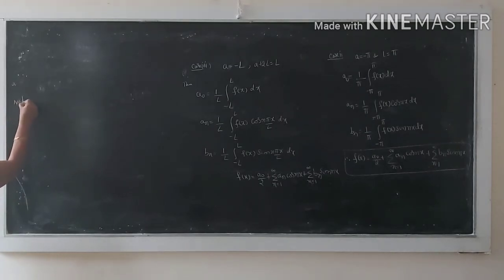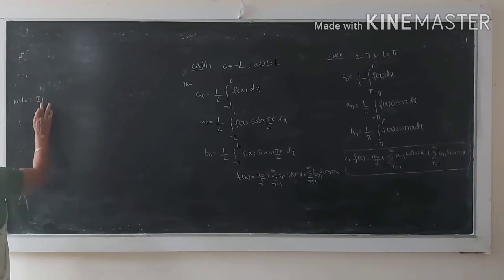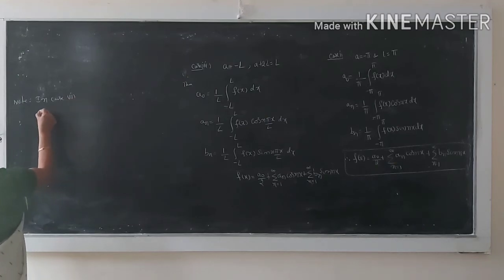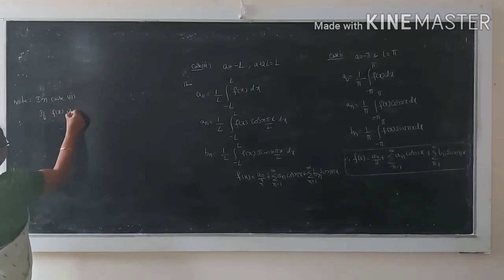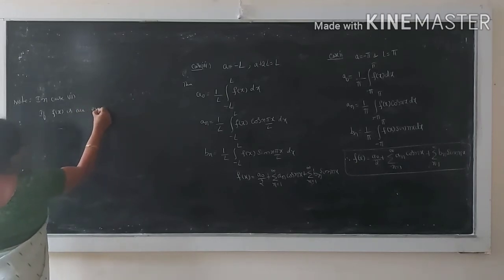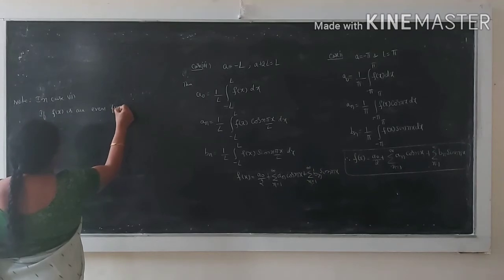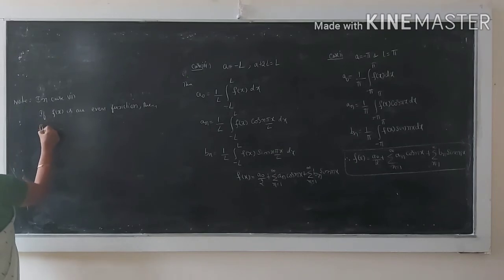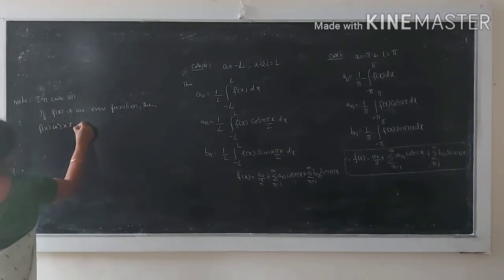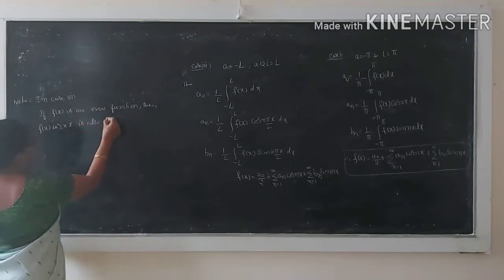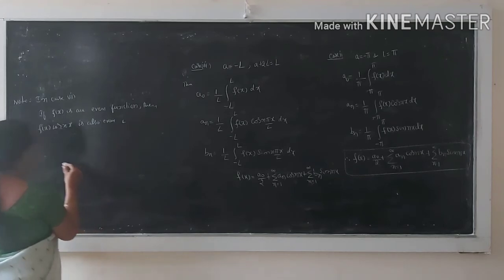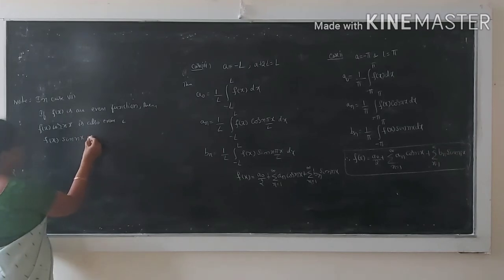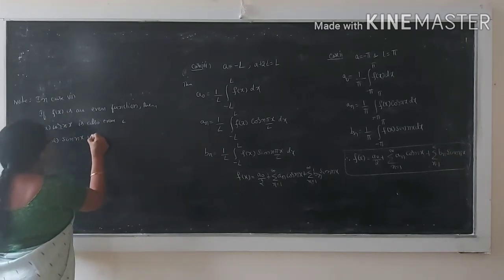Note, in case 2, if f(x) is an even function, then f(x) into cos nx is also even, and f(x) into sin nx is an odd function.